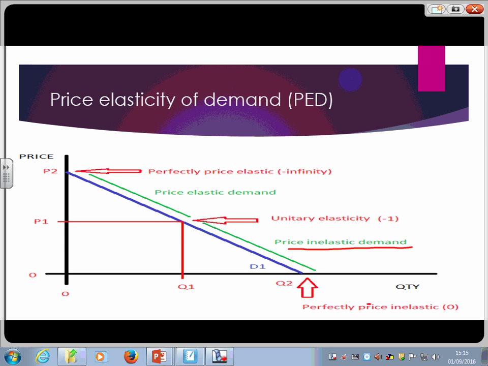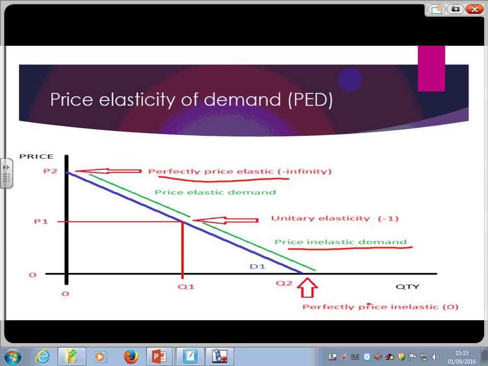So what I mean by that is if you were to increase the price by, let's say, 10%, then the demand would fall by less than 10%. So the change in price would exceed the change in demand. When the price is high, then what you will find is demand is price elastic.